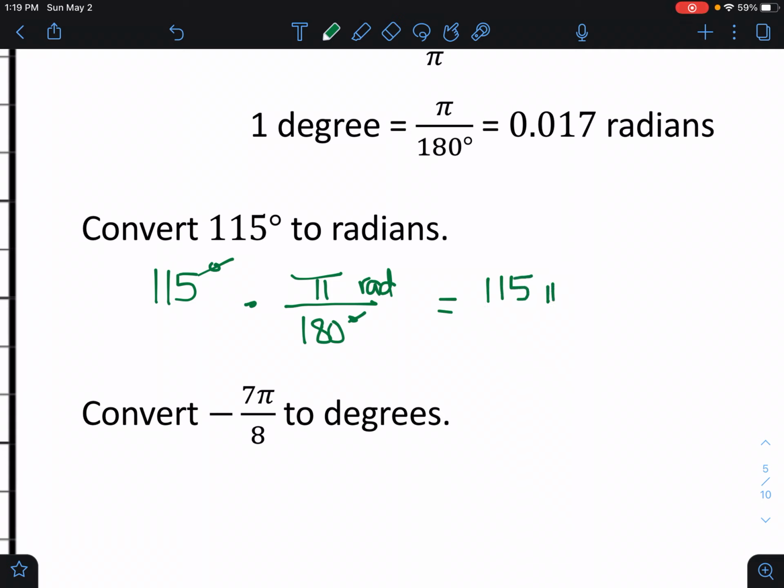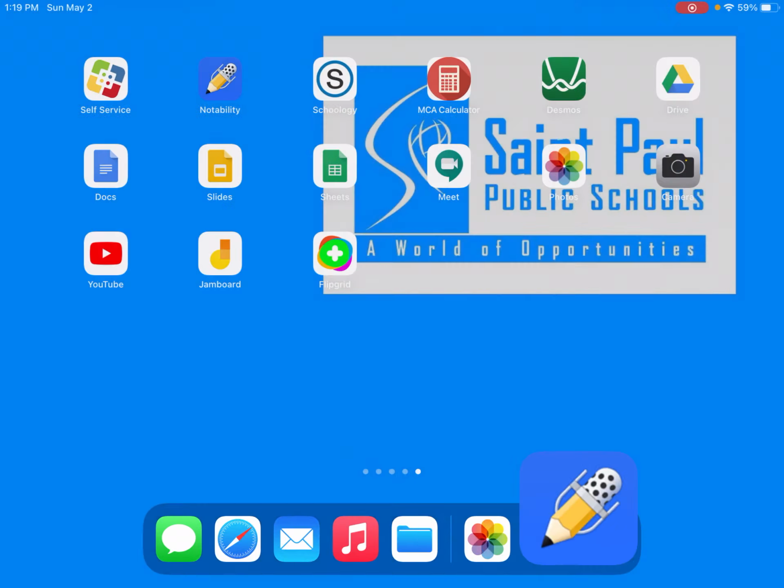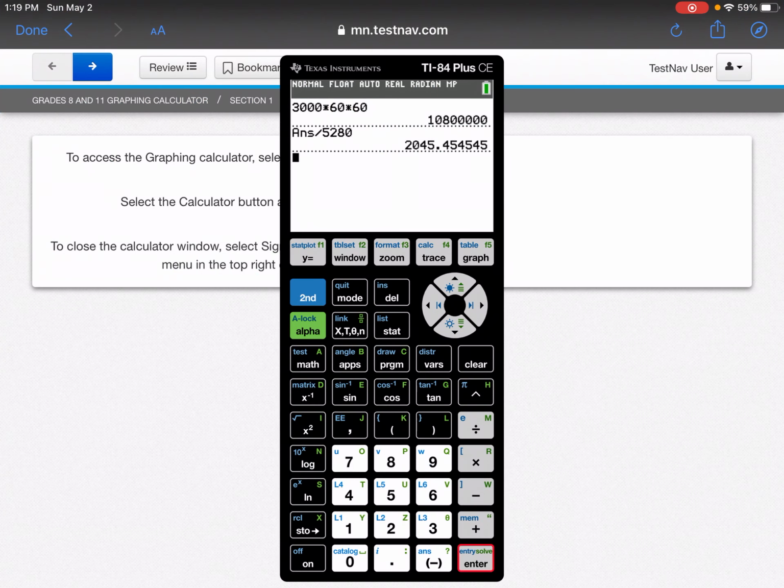115 pi over 180. Now, when we write it in radians, we want to leave it in terms of pi. So I don't want to type the pi in there. I just want to reduce this fraction, 115 over 180. On my calculator I'm not going to type in the pi. I'm just going to reduce that fraction, 115 divided by 180.